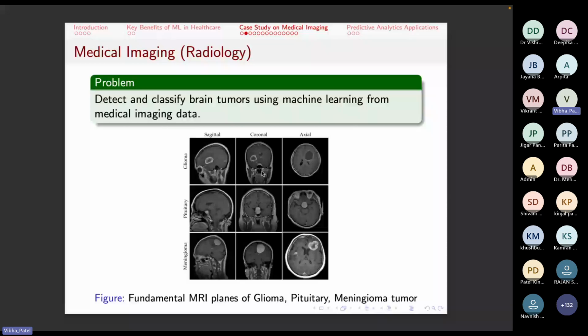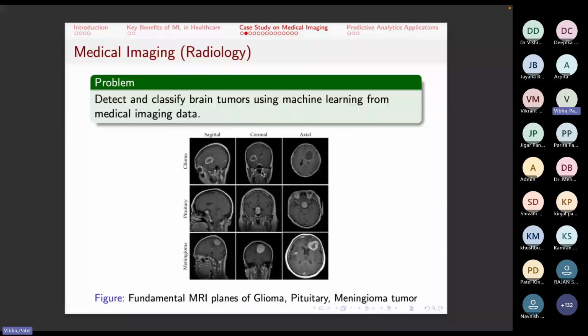The primary source of this tumor was some other organ, but subsequently it has spread to the brain. So this is a metastatic tumor, which may occur at any place in your brain. So it is also necessary for us to detect such types of tumors as well.